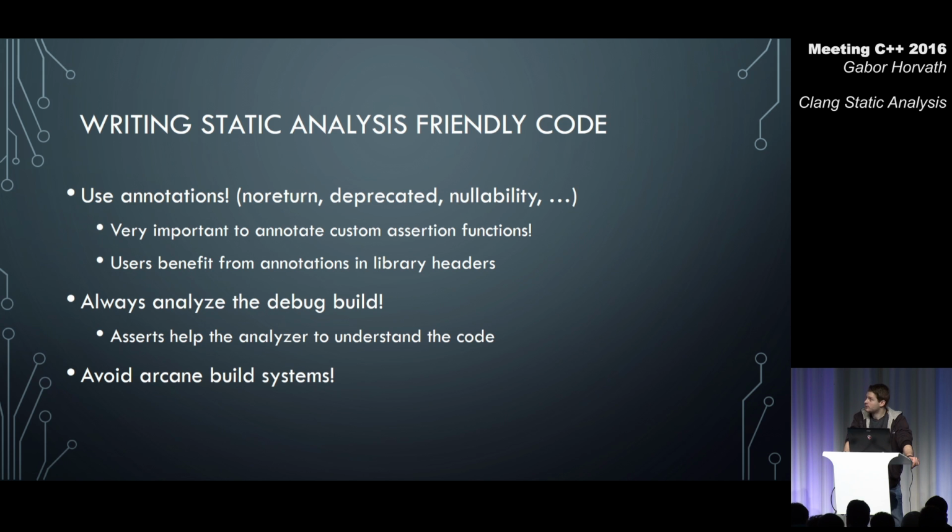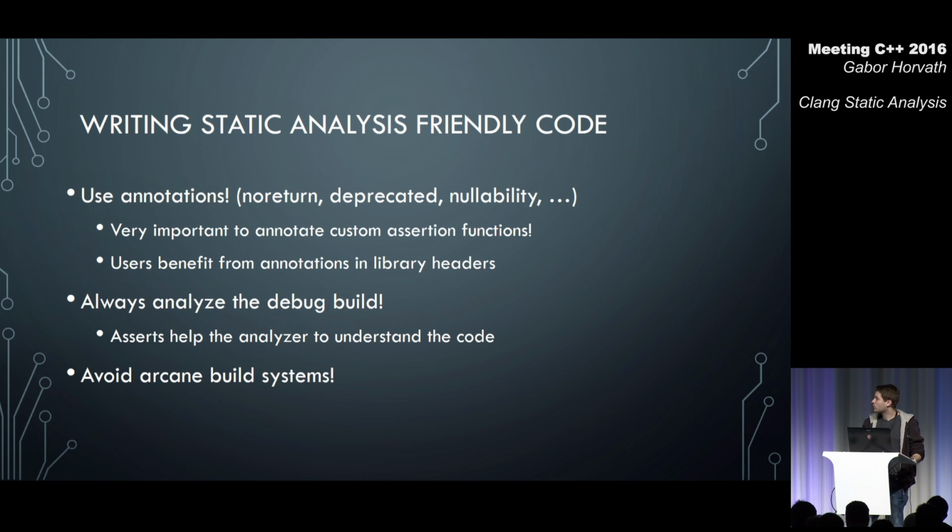One of the most important things to annotate is the custom assertion functions that you might have. I will show you shortly why. And also, if you are the author of a library, then annotating the functions in the library will give these benefits to all of the library users. So use annotations if you are a library developer.